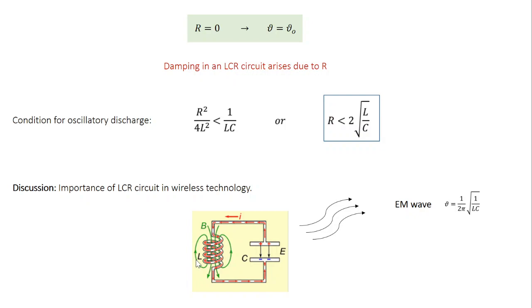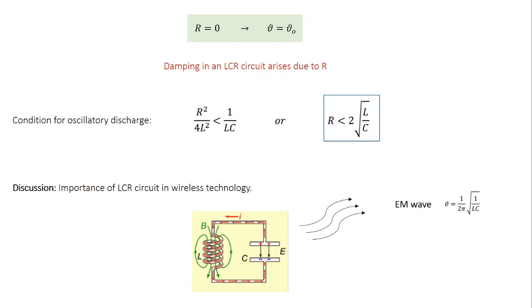One thing you have to make sure is the internal resistance of the inductor should be small. Otherwise, just like the case of the iron box in your home, when current flows through high resistance, there is heat developed, so a part of the energy will be lost in the form of heat. We don't want that to happen, so make sure that the resistance of the inductor is really small, so that the entire energy from the electric field is transferred to the magnetic field.